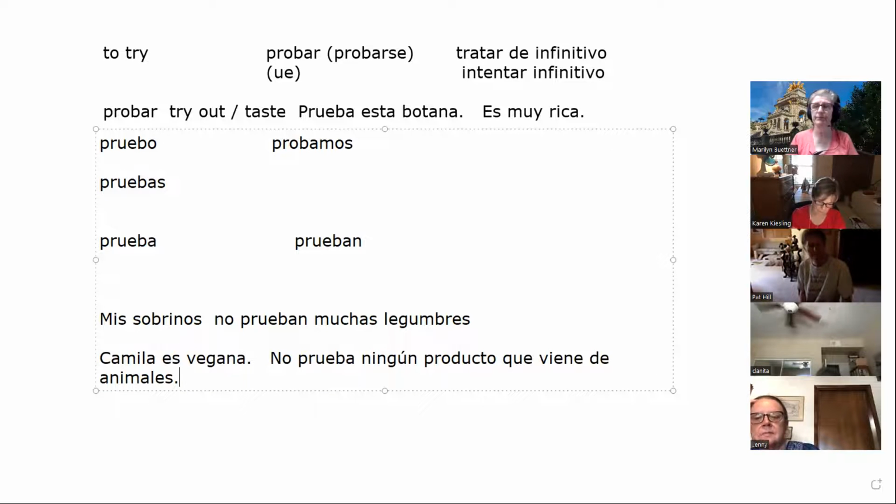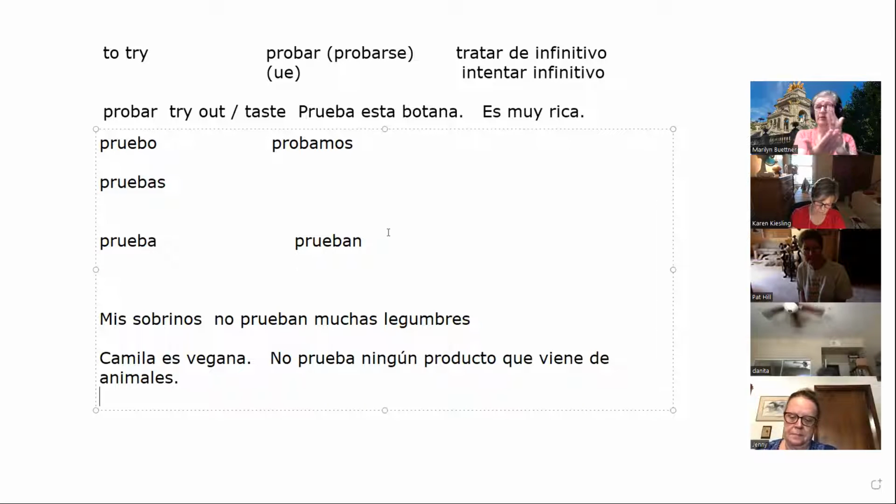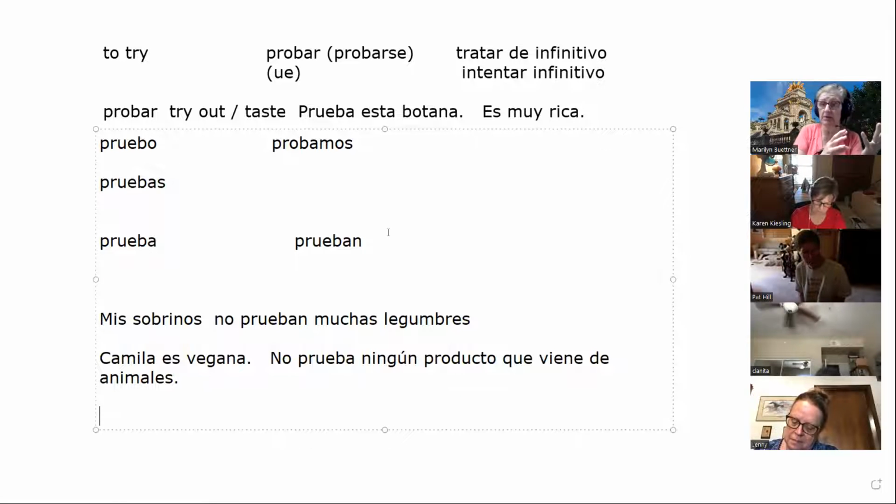Bien? ¿Sí? Sí. Para que sepan, so you know, it would be very natural to combine this verb probar with something like quiero, I want to, or maybe even quisiera, because that question came up.